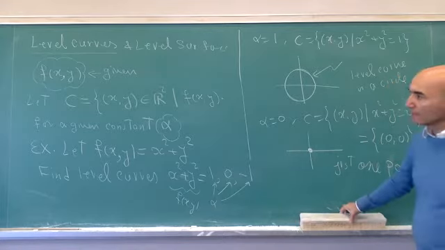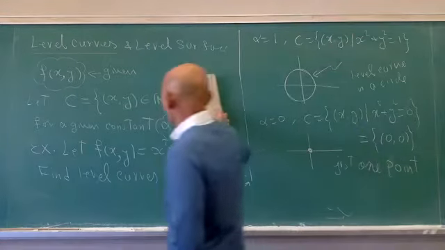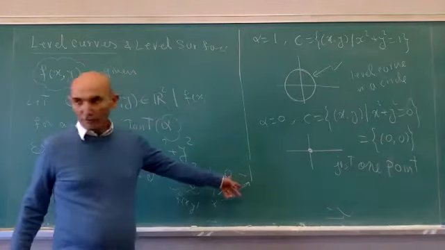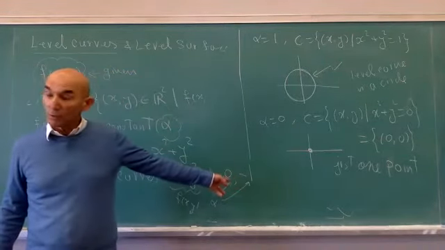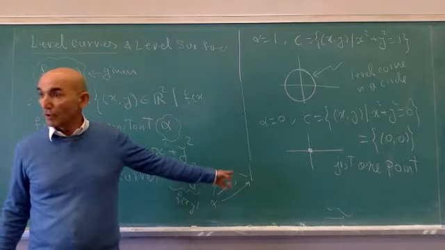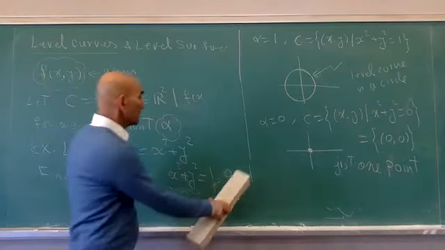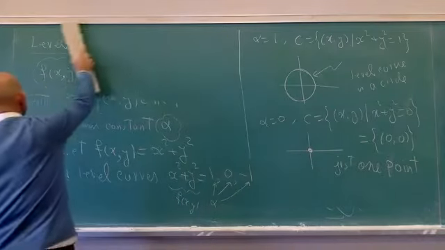Okay. Now let's look at another case which we are asked: alpha equal to -1. To find the level curve for alpha equal to -1. So this is the third case. Let's do that.